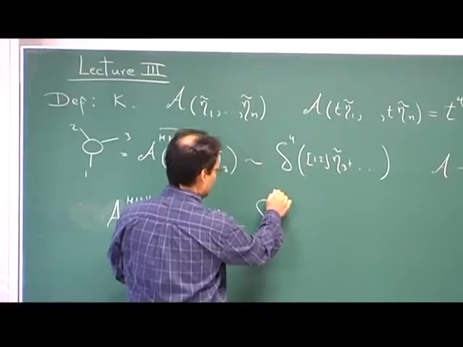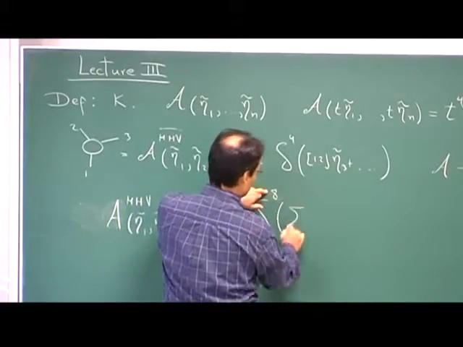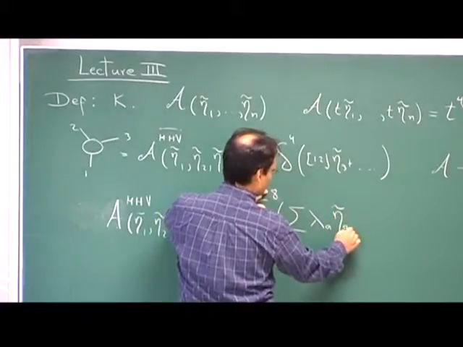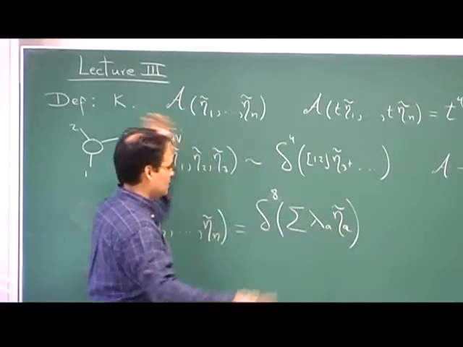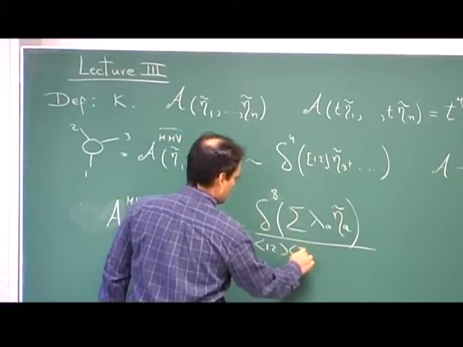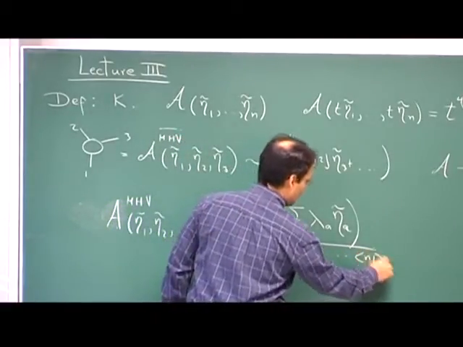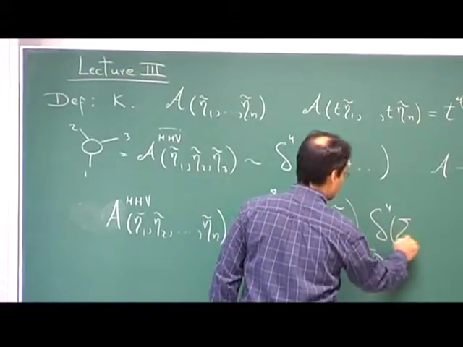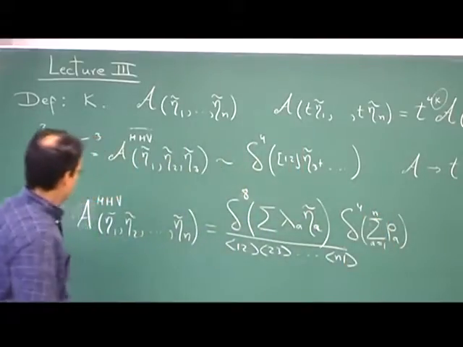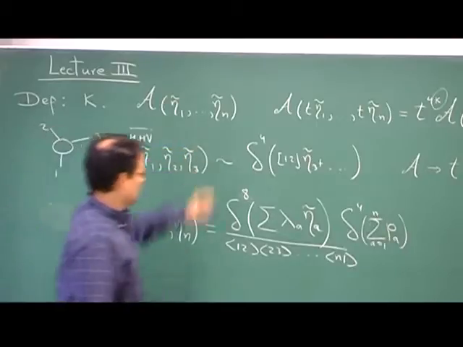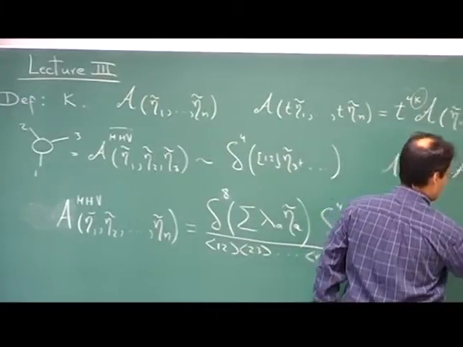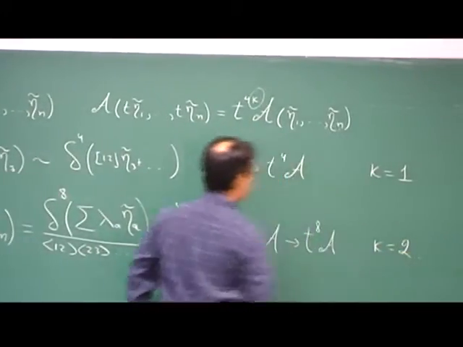It's delta 8, where this 8 comes from the fact that we have a spinor index and a Grassmann index, and together they make up an 8-dimensional object, so we have an 8-dimensional delta function. And here, we just have our usual Parke-Taylor factor and momentum conservation. Well, once again, using my definition, it's clear that A goes to t to the 8th A, and therefore K is equal to 2.